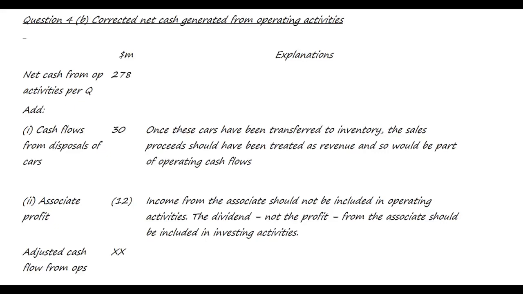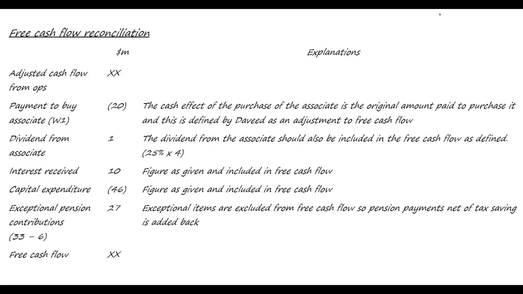And we're going to remove that associate profit. And in this way, we're efficiently picking up those easy marks. And the same can be done for the free cash flow reconciliation, so that we're being efficient in our presentation. We're simultaneously showing the numerical adjustments and the explanation side by side.